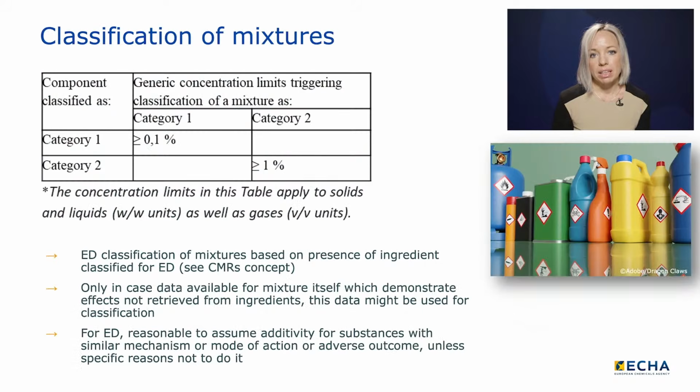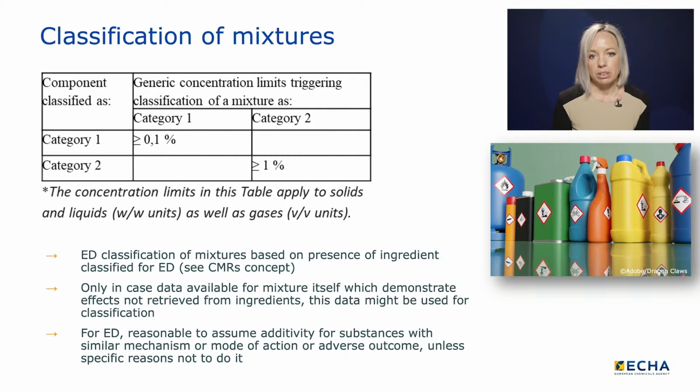About mixture classification, as explained earlier, a mixture shall be classified as ED for human health when at least one component has been classified as CAT1 or CAT2 ED, and it's present at or above the generic or specific concentration limits.